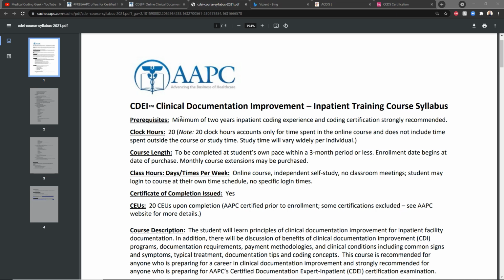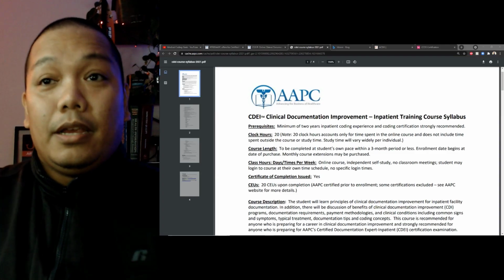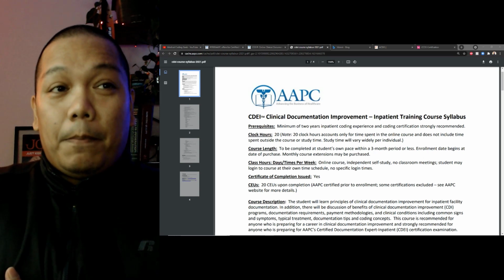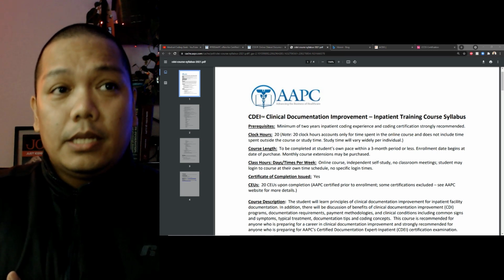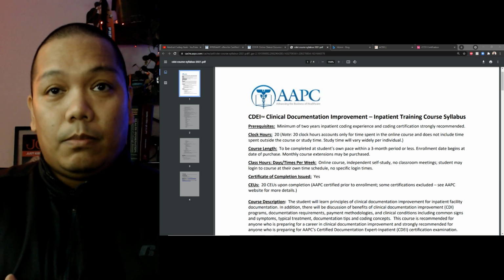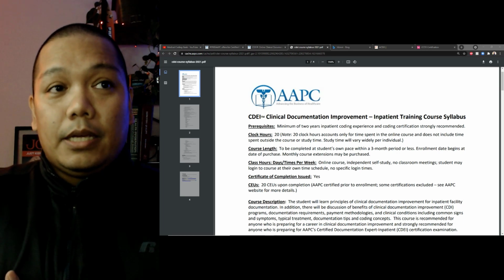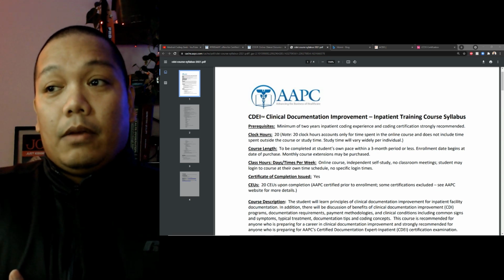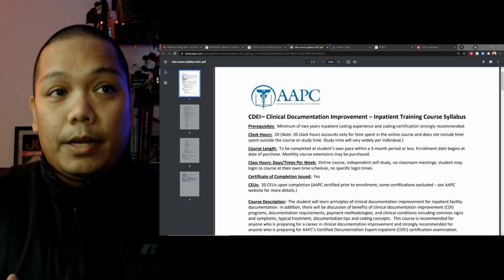Prerequisites. Minimum 2 years inpatient coding experience and coding certification strongly recommended. Okay, strongly recommended. It is strongly recommended, not required. Compared to the CCDS, the Certified Clinical Documentation Specialist, brought to you by ACDIS, the Association of Clinical Documentation Integrity Specialists, they require 2 years inpatient experience.